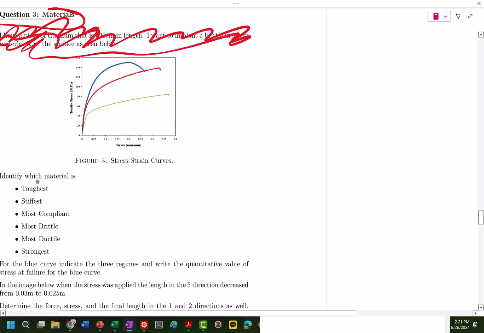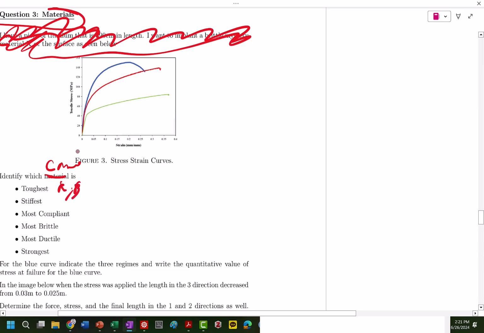So which material or which curve is the toughest? Well, largest area under the curve. I would definitely say, probably again, red or blue would be a good choice. Red or blue.